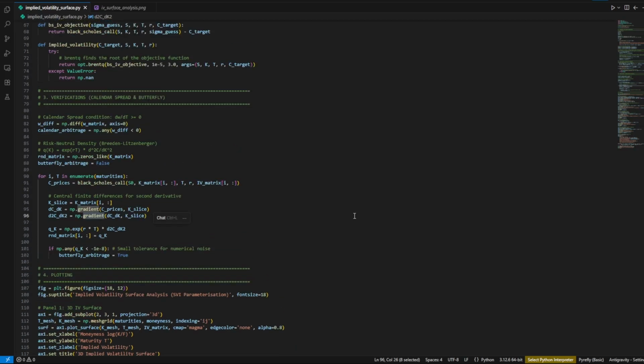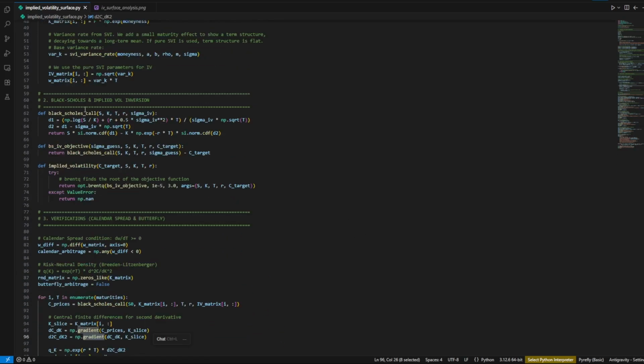So for the Black-Scholes inversion, while we build the surface starting from the implied volatility, real-world applications often require the inverse, extracting IV from observed market prices.